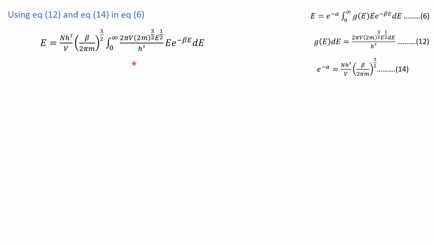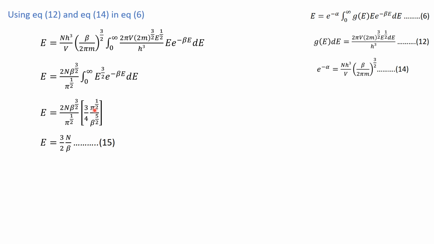Now you again bring all the constants out of this integral sign and do some simplification, so you will get this relation. Now again you have to solve this integral, and it is given by this, and if you arrange this equation, you get equation number 15.